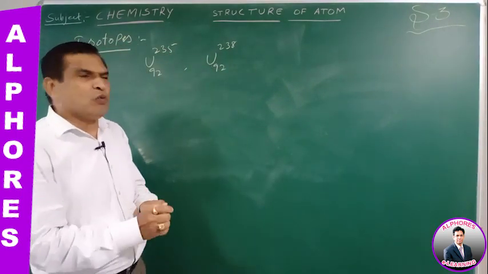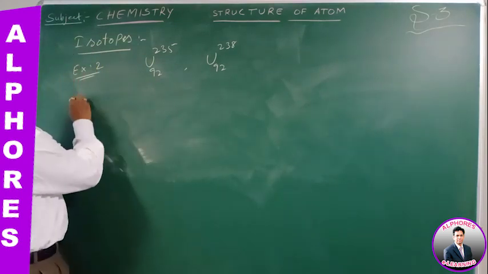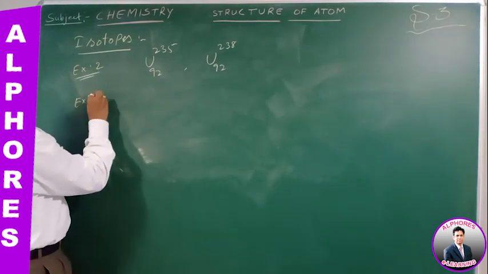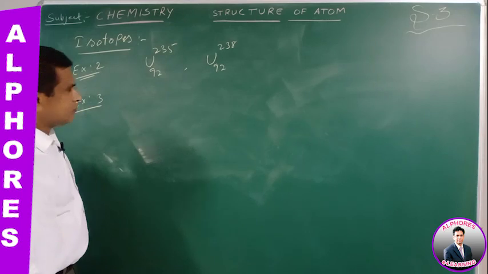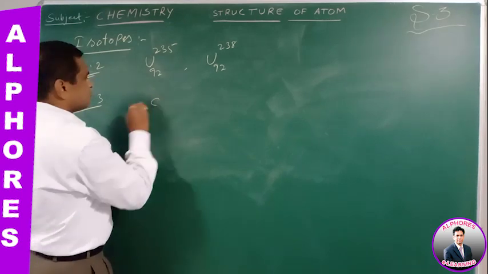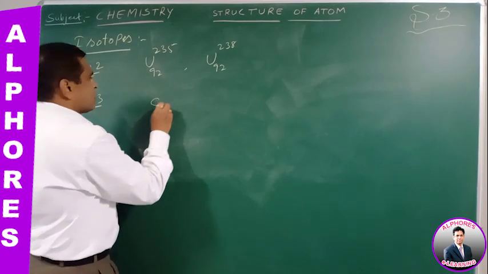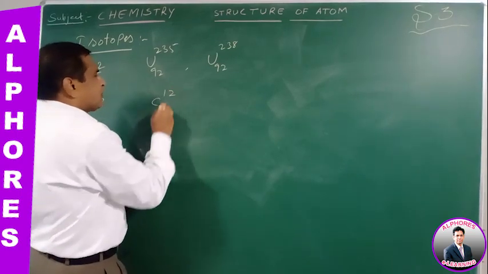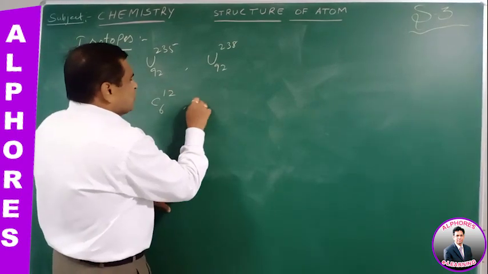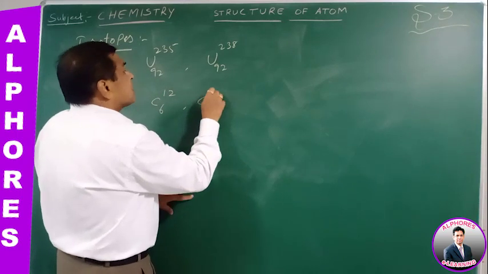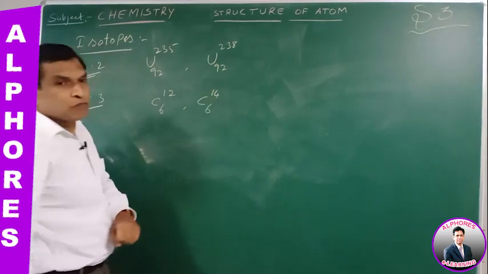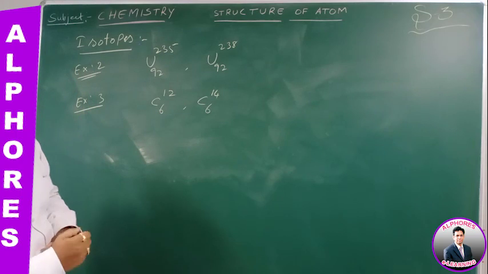Let us take another example 3: carbon. Carbon with atomic number 6 and mass number 12, and another isotope of carbon with atomic number 6 and mass number 14. These are the two isotopes of carbon.